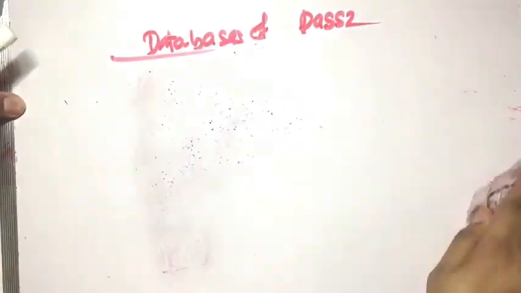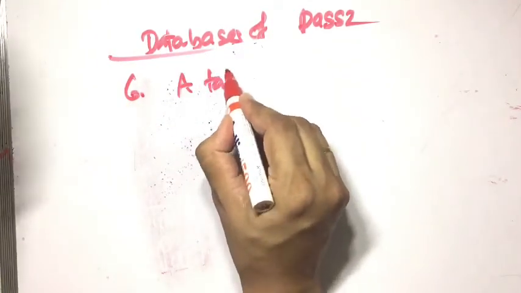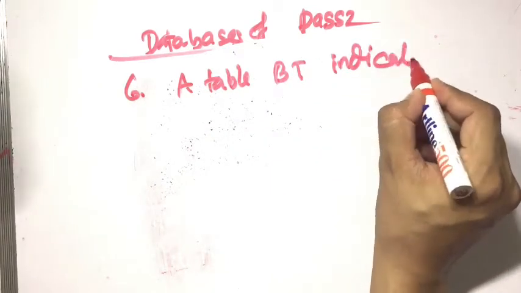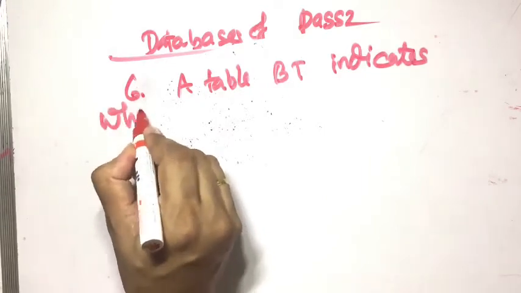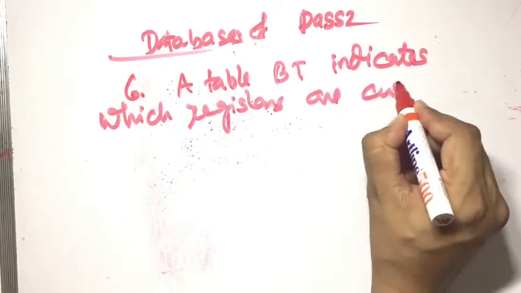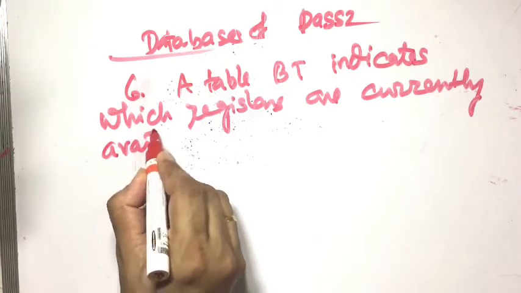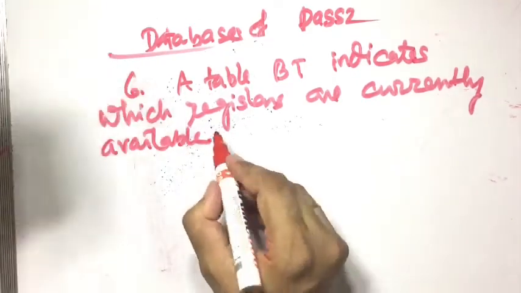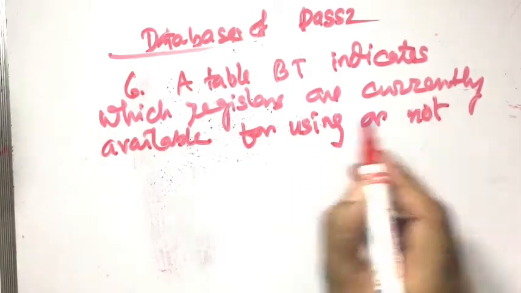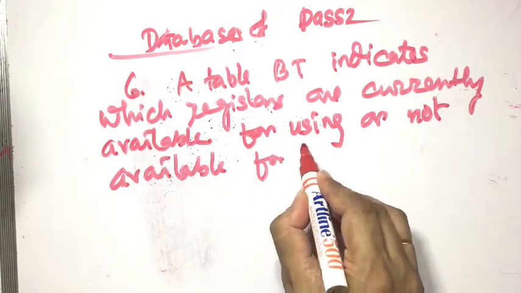Next, we need the base table, a table BT, that is the base table. It indicates which registers are currently available for using or not available for use.